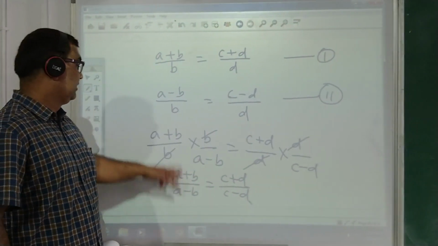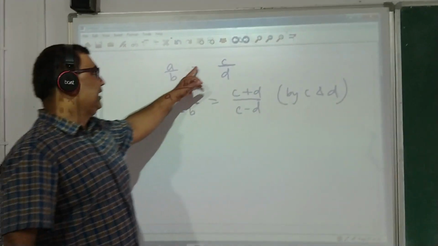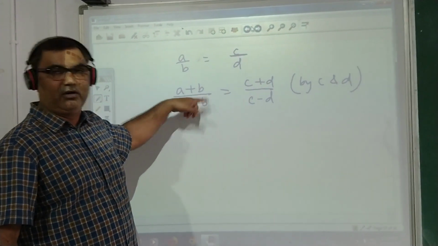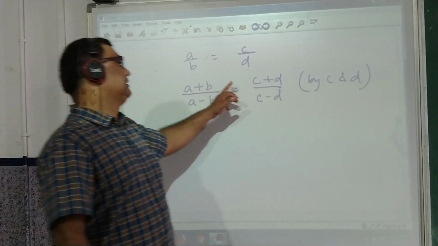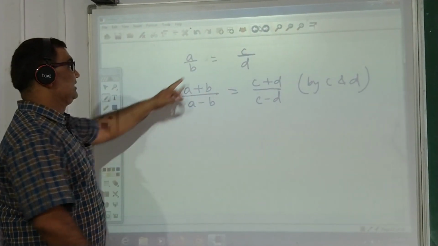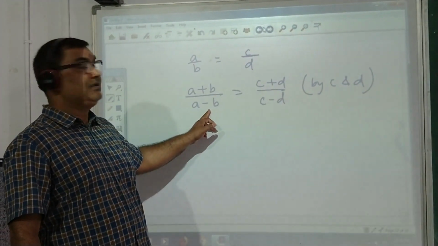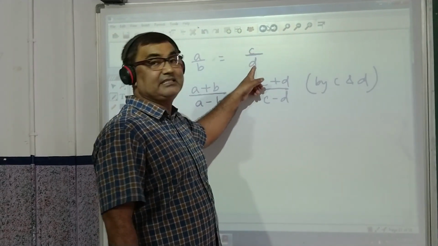So this is what I have written here directly. So a by b is equal to c by d, using componendo and dividendo, (a plus b) by (a minus b) is equal to (c plus d) by (c minus d). Now you notice this b is added here and b is subtracted here. The same thing, d is added here in c plus d, d is subtracted.